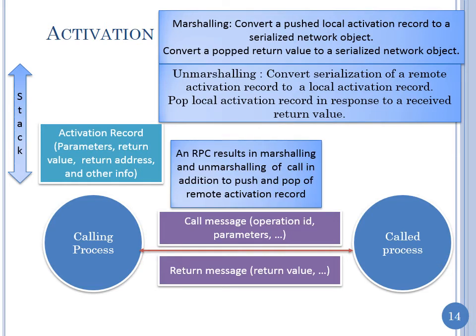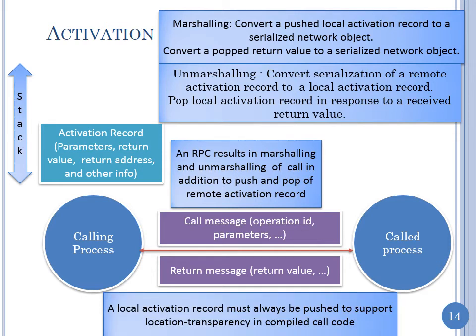So in RPC, a local procedure call results in just a local call, and a remote procedure call also results in marshalling and unmarshalling of data. And to repeat what Brian said, a local activation record must always be pushed to support location transparency in compiled call code. But even in code that is source aware of location, a local call is made.